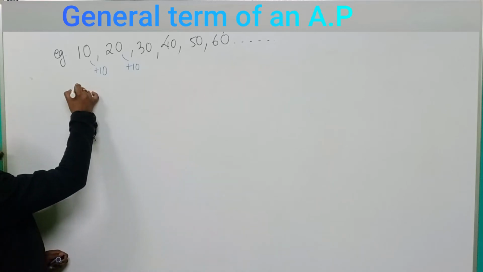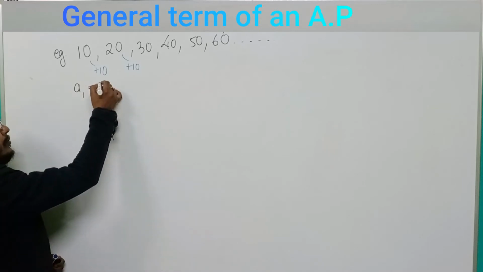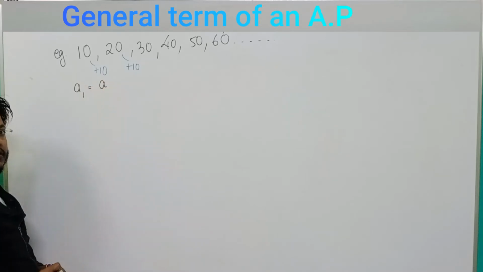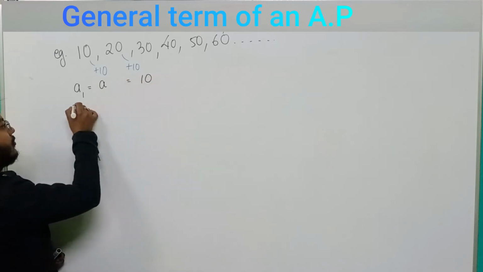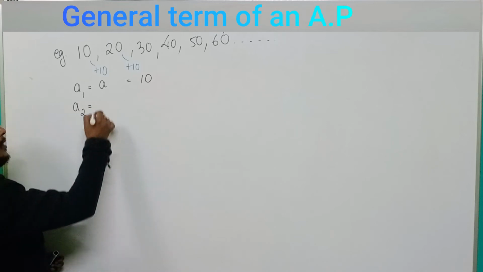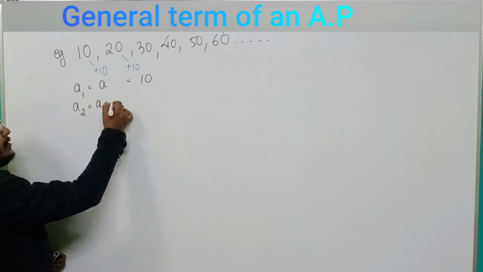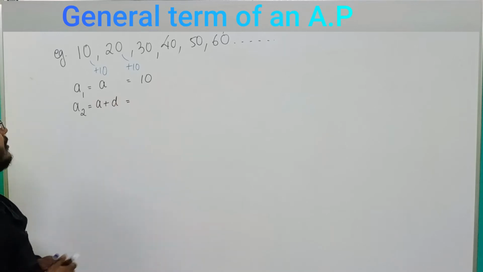Everyone knows my first term, A1, will always be A. Here that is 10. Now A2 is my second term. So what will be my second term? A plus D. Check it out, A plus D. So what is my D for this question?